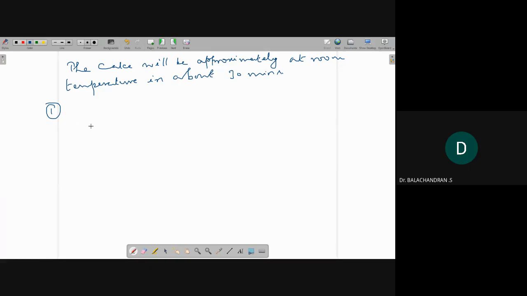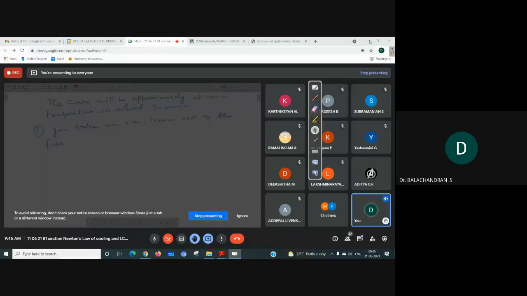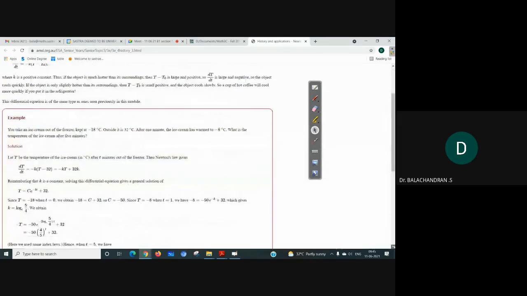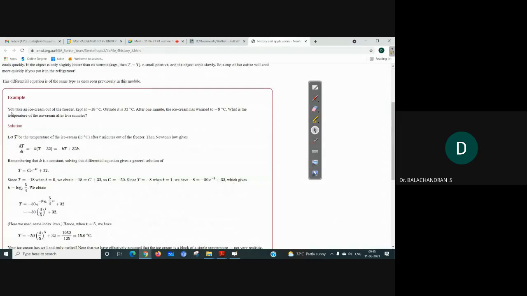So the practice problem, first problem. You take an ice cream out of the freezer. It is better to show the problem to you. So please write down, don't see the solution.